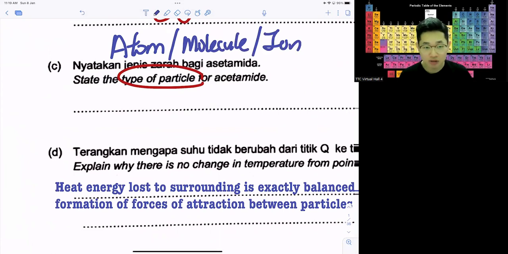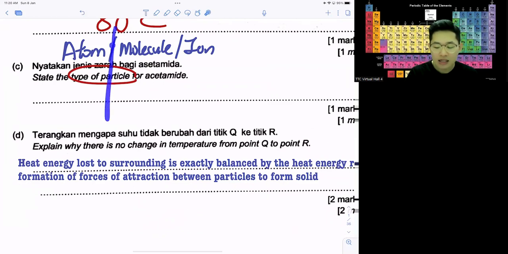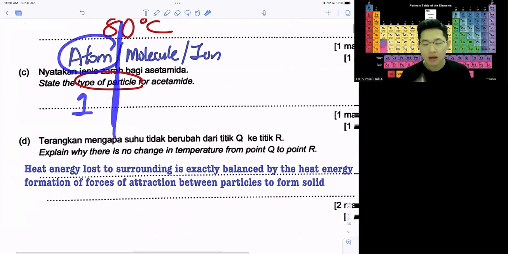Only these three, 只有这三个。So how to differentiate whether it is an atom, molecule, or ion? After learning chemistry for almost a year, I believe now you can do most of the chemical formula. And from the chemical formula, you will be able to tell whether the chemical substance is made of only one atom. Atom means one, 一个一粒的叫 atom.